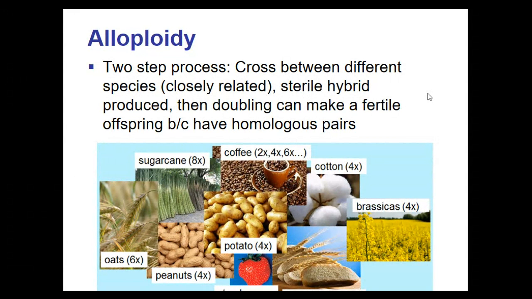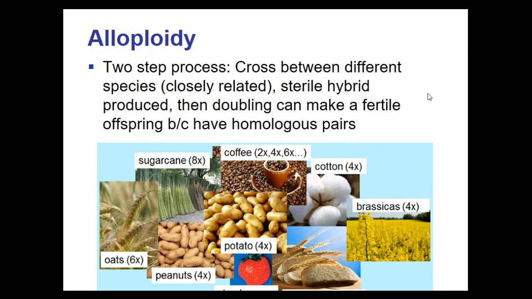This one would make a sperm that has 2 chromosomes in it. This one would make an egg that has 3 chromosomes in it. If this sperm with 2 chromosomes fertilizes an egg with 3 chromosomes, that's not going to work very well.